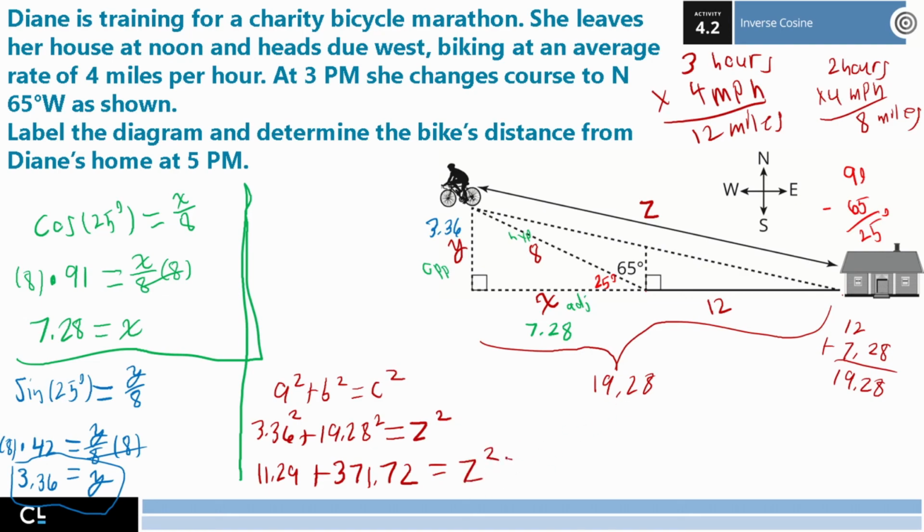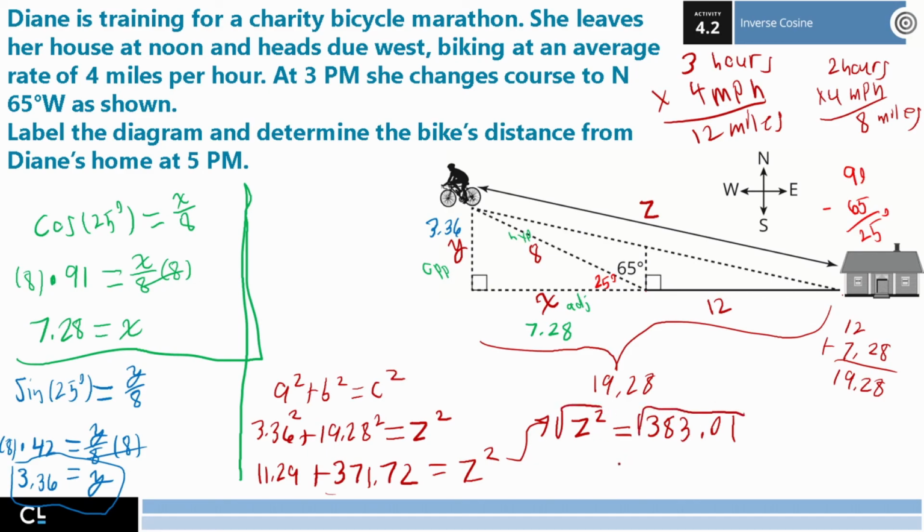Now, I'm just going to rewrite this here. We get z squared. Add these two together, right? So 371.72 plus 11.29. That's going to give me 383.01. Finally, we take the square root of both sides.